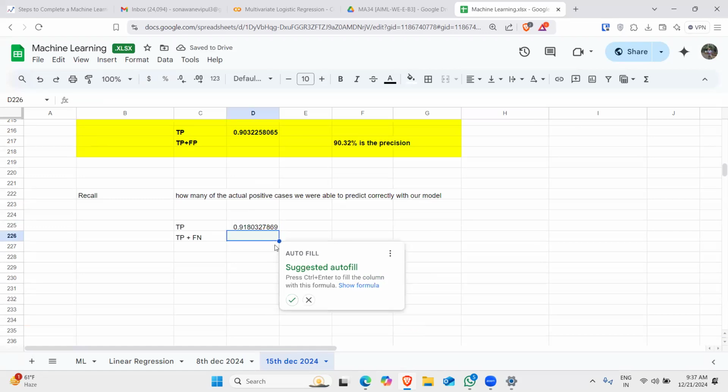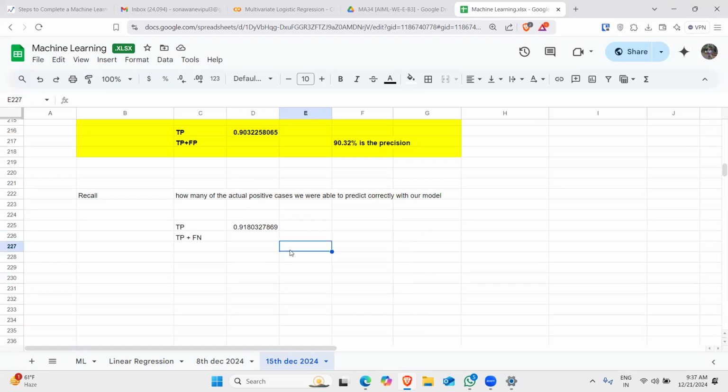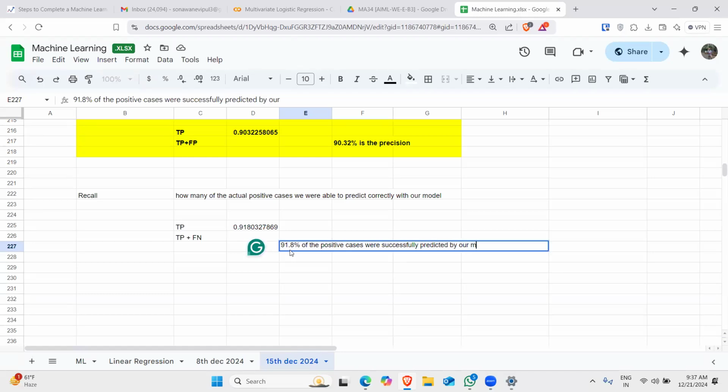So we can say that my recall is 91.8%. 91.8% of the positive cases which were actually positive were successfully predicted by our model.